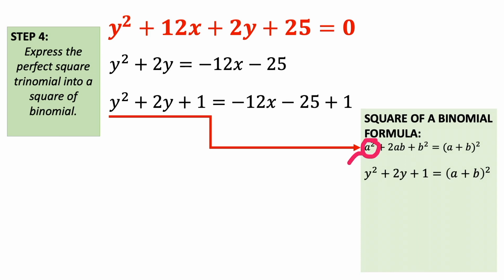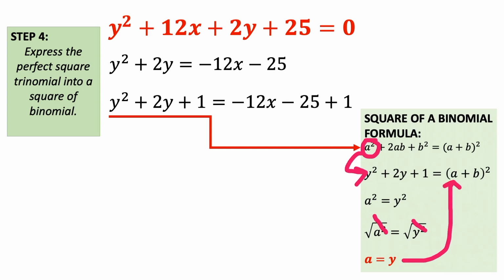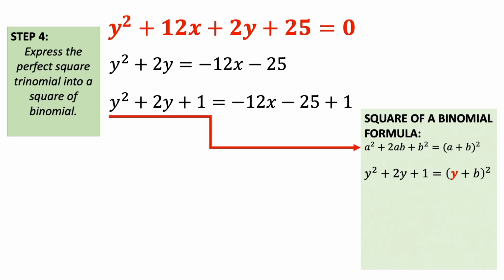Since a squared corresponds to y squared, by getting the square root of each side, we will have a equals y. Therefore, our a is y. Now, by looking at the formula and our equation, we know that b squared corresponds to 1, right?